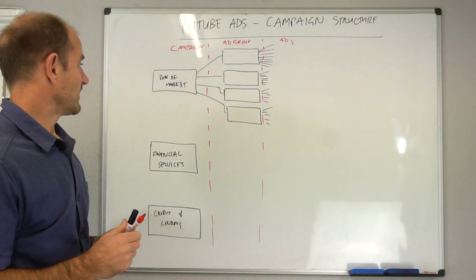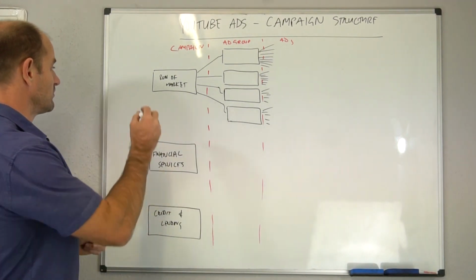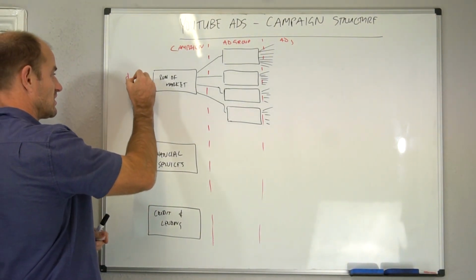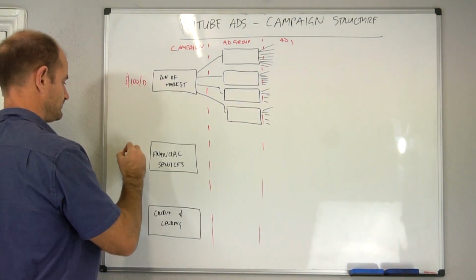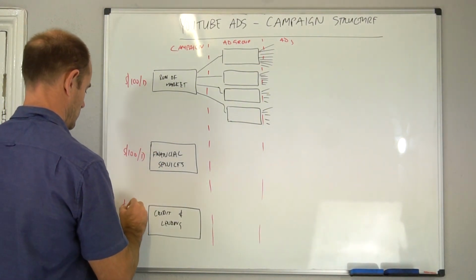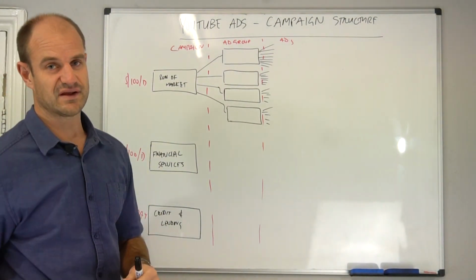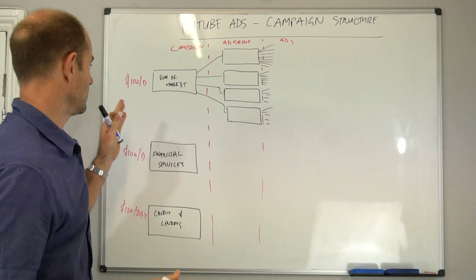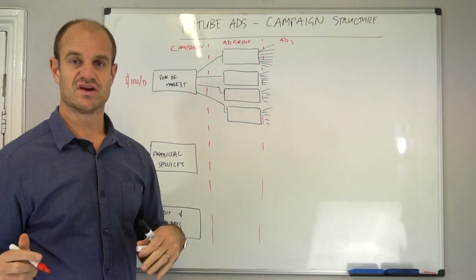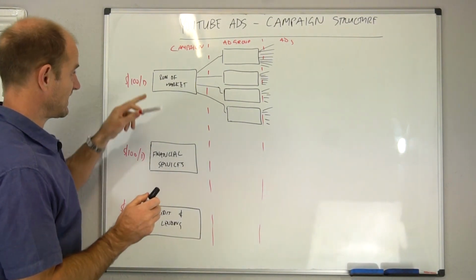So let's say we start with a $100 a day budget in each. Obviously it depends on your budget and you can reduce those as you need, but I'd like to always start with 10 campaigns.